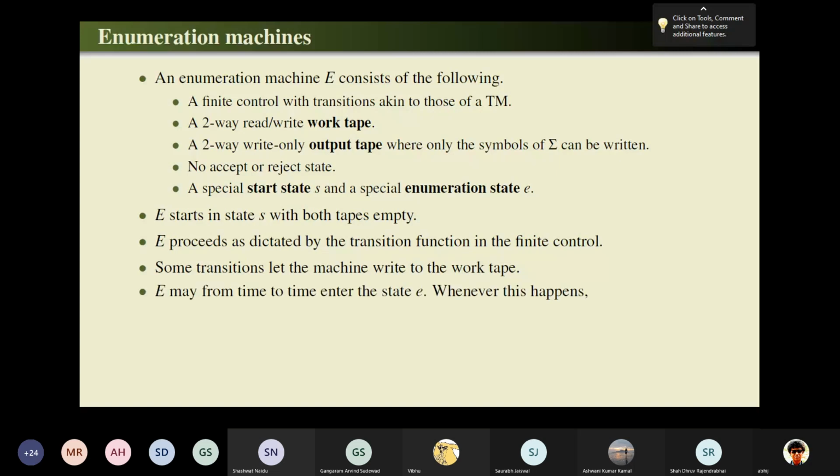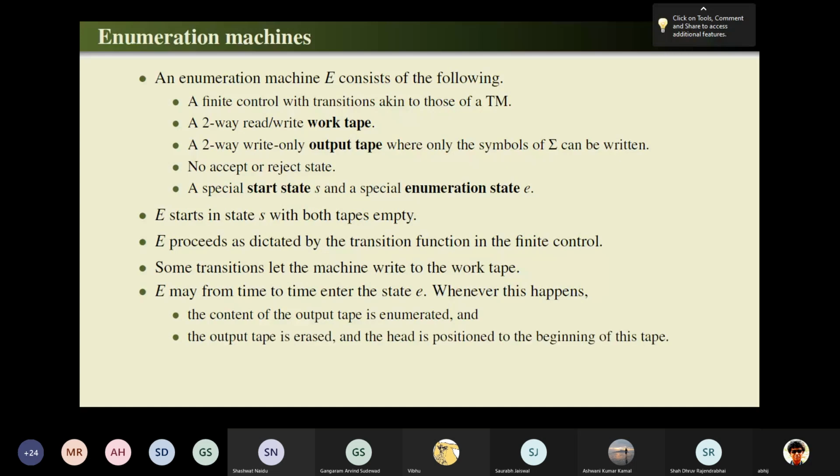And from time to time, it will enter the state E, the special enumeration state. And whenever it does so, whatever is written in the output tape is said to be enumerated. So the content of the output tape is the string that gets enumerated. Then the output tape is erased and the head is positioned to the beginning.